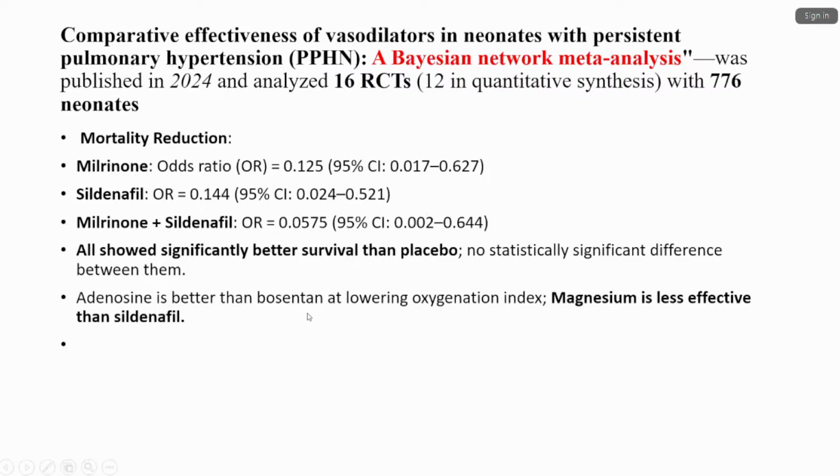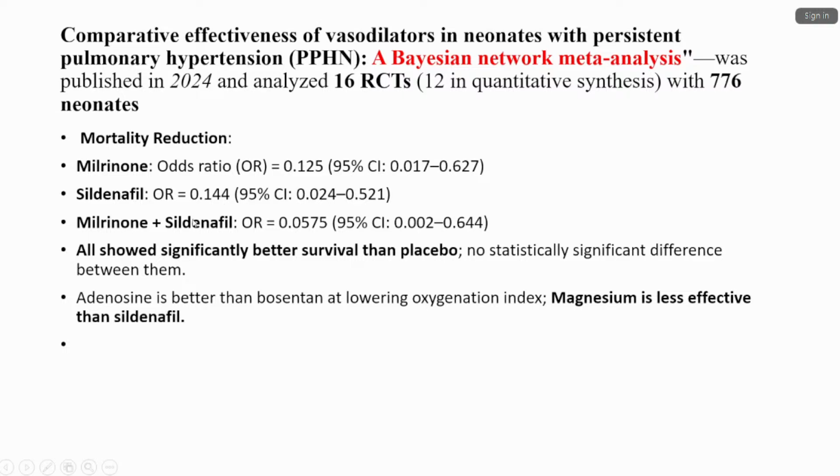So this is the trial meta-analysis which compared the effectiveness of the different vasodilators. They compared mortality reduction. The mortality reduction in case of milrinone use, the odds ratio was 0.125. With sildenafil, odds ratio was 0.14.